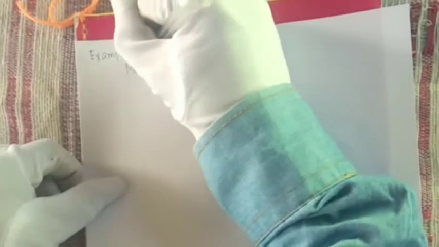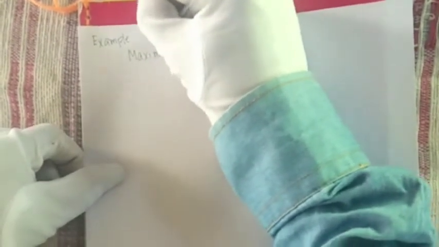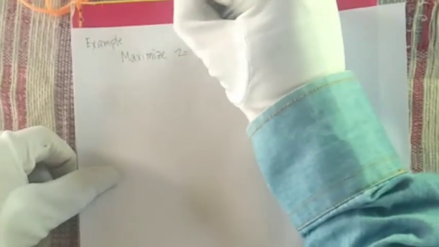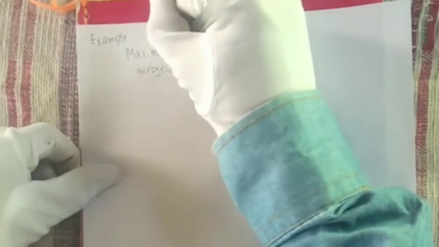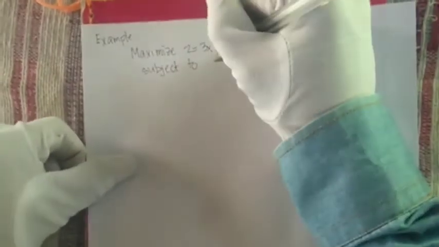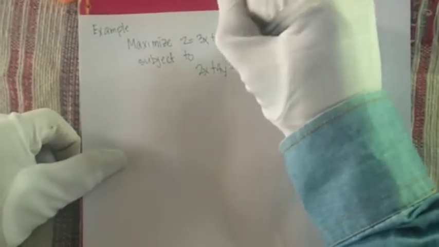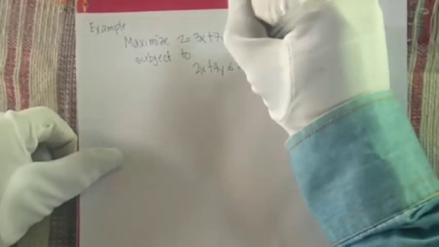maximize g equals 3x plus 7y, subject to 2x plus 4y less than or equal to 24.